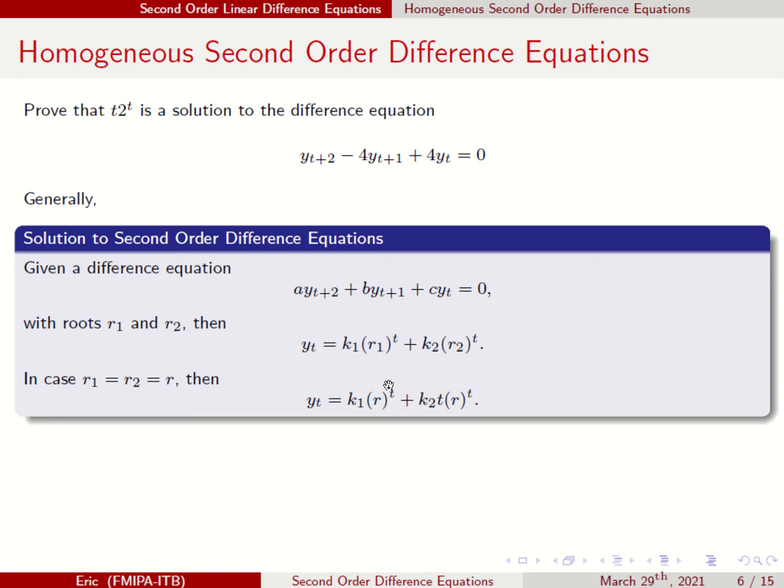If you have the same essential function r to the power of t as your solution, you have to multiply it by t to find the other solution and complete the general solution. This is the solution of the general homogeneous second order linear difference equation with constant coefficients.